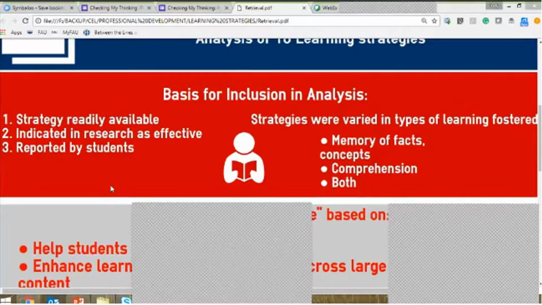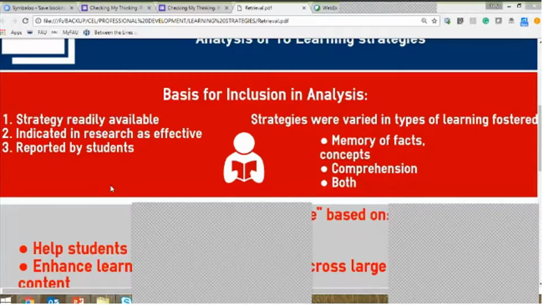And so the strategies, based on the criteria, were varied in the types of learning that were fostered. Some of them were based simply on memory of facts and concepts, which we know is on the lower level in Bloom's.